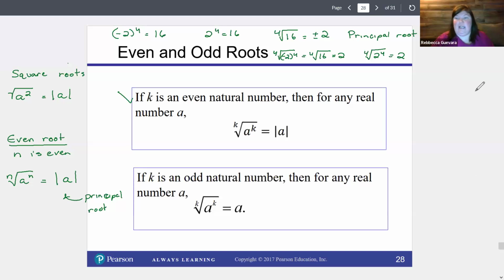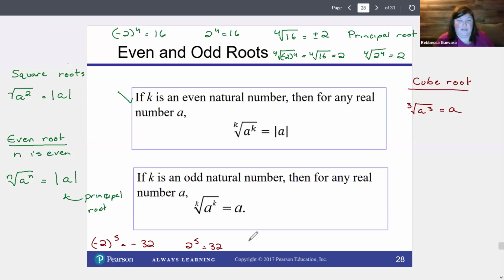And then when we were looking at cube roots, we only have one root. So if I did the cube root of a cubed, that was just going to be a. The same thing kind of applies. If I do -2 to the power of 5, that is going to give me -32. 2 to the power of 5 is 32.